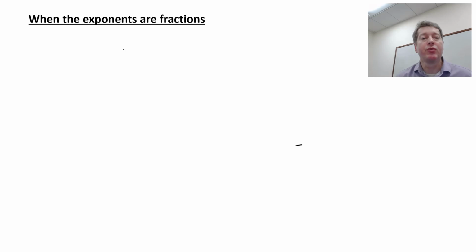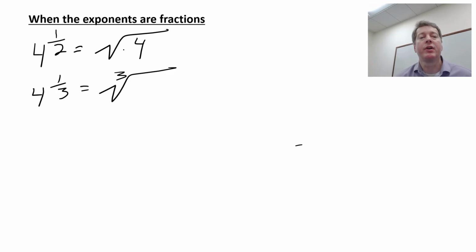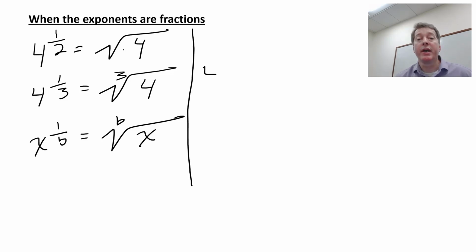Let's apply some general rules here. We said 4 to the 1/2 is the square root of 4. 4 to the 1/3 is the cubed root of 4. You put the 3 inside that little divot, the cubed root of 4. So x to the 1 over b is the b root of x. Suppose I have 4 to the 2/3.